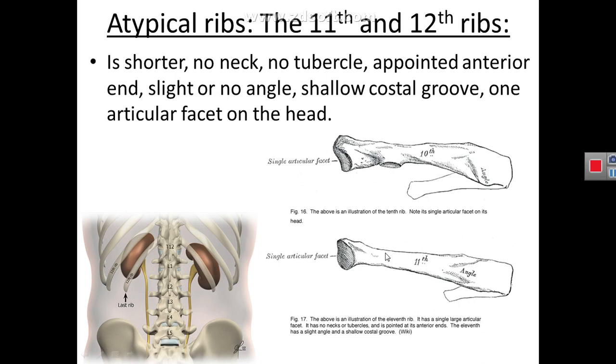But in addition to that, the 11th and 12th ribs do not have a neck and do not have a tubercle. They have a slight or shallow angle, and a slight costal groove or even an absent costal groove.